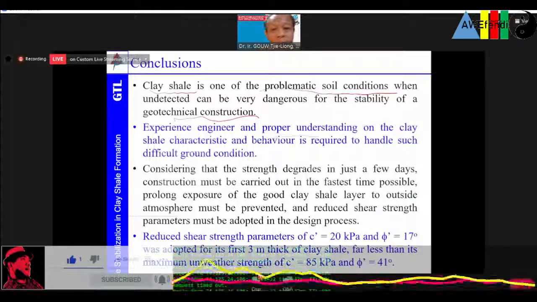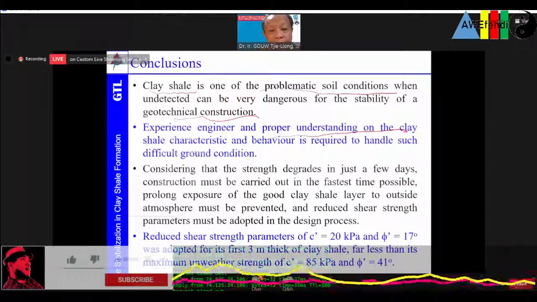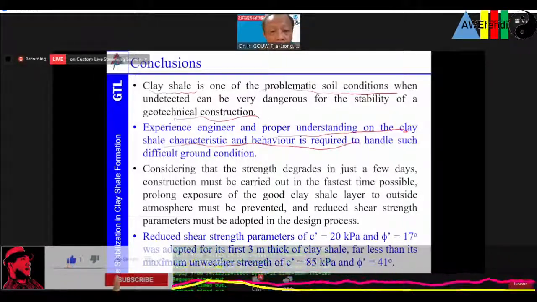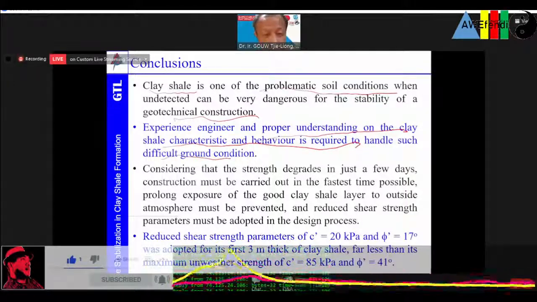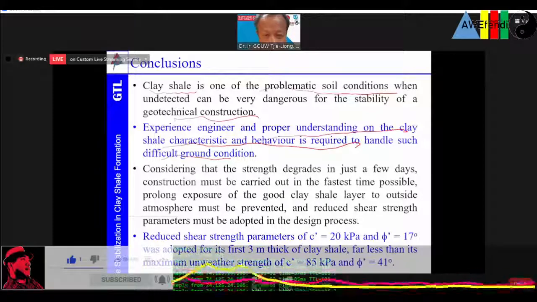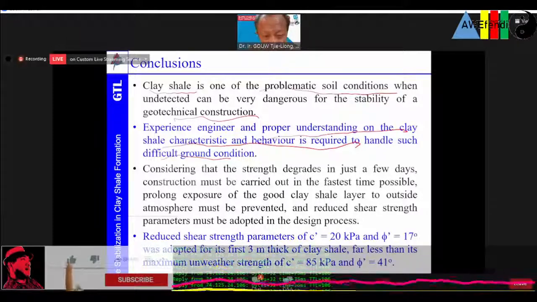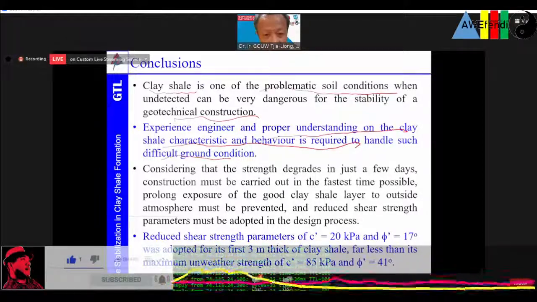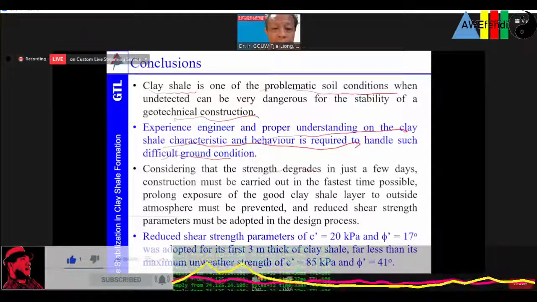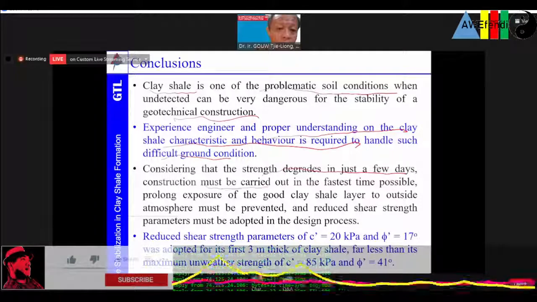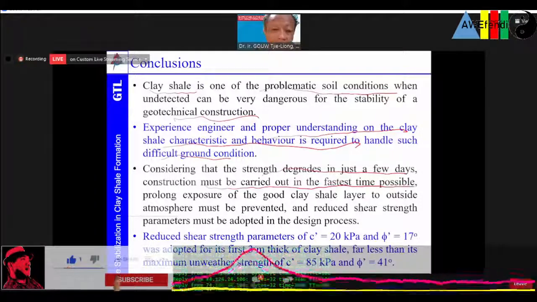An experienced engineer with a proper understanding of clay shale characteristics and behavior is required to handle such difficult ground conditions. Considering that the strength degrades in just a few days, construction must be carried out in the fastest time possible.